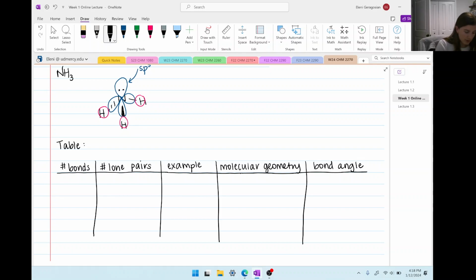This is a table specifically for atoms with 4 electron pair domains. We'll make a different table for atoms with 3 and atoms with 2.